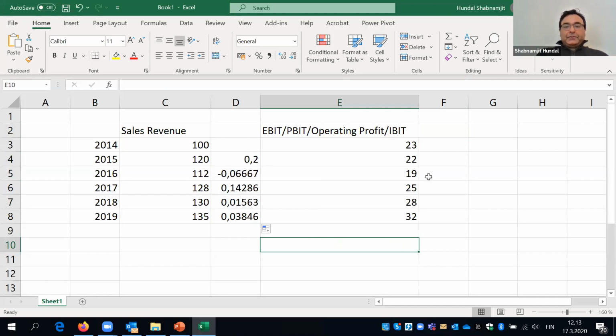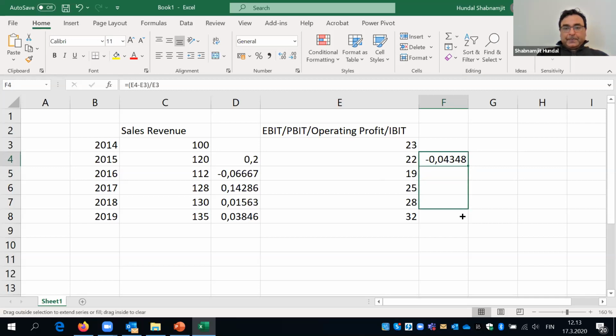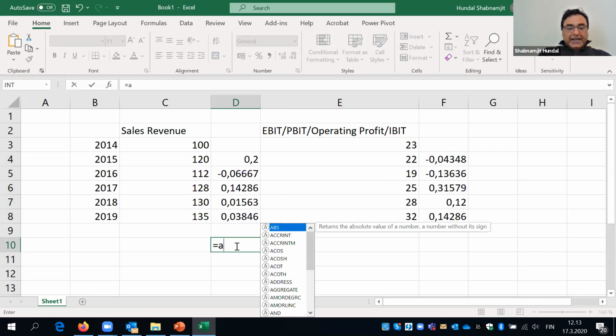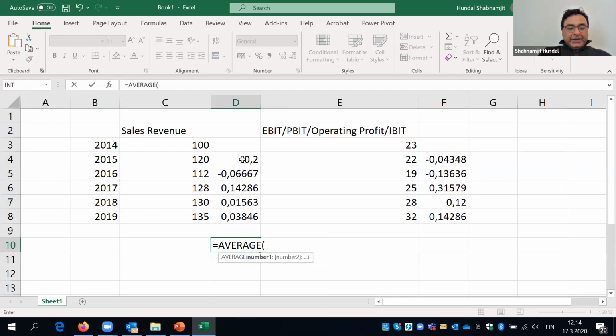And the same thing we do here, we find the change in the operating profit, which is equal to the current. Use the brackets carefully, minus past, previous, divided by the previous. And then we drag it down. Okay, after we have these values, we find the average for the whole 4 or 5 years data. So we use the average function, and then we drag it down.